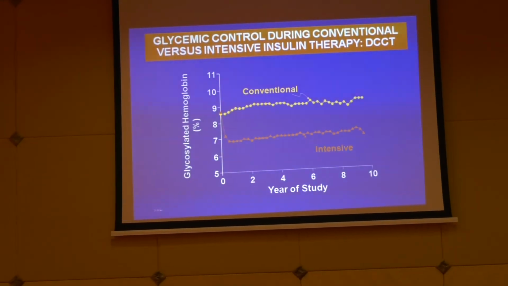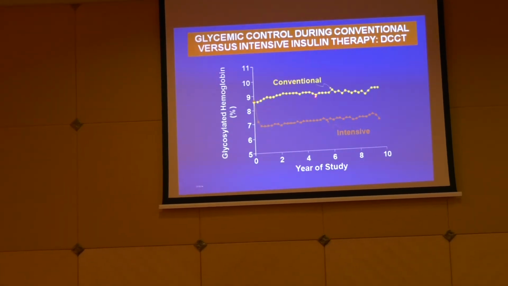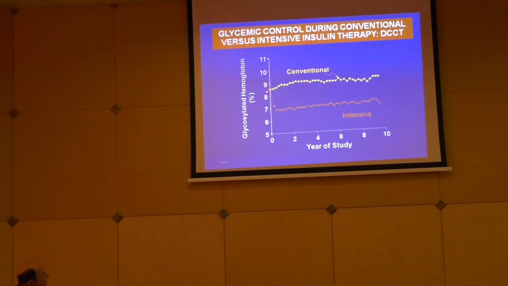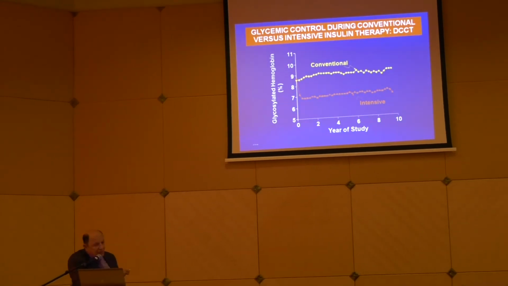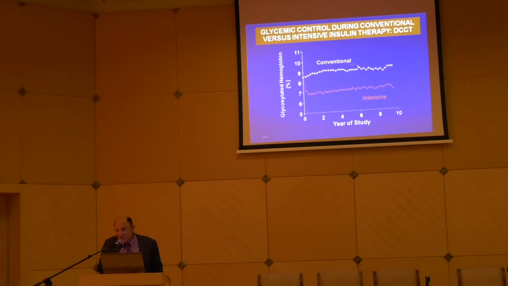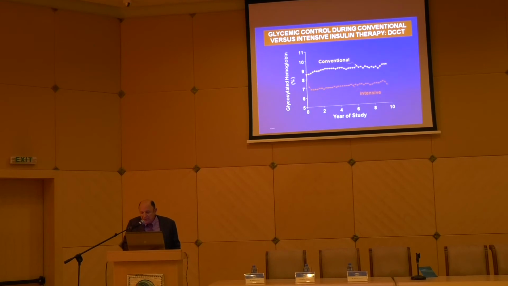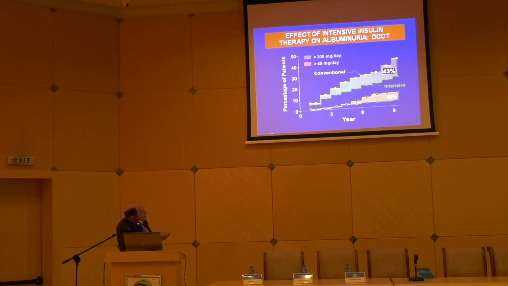So in the diabetes control and complications trial, this is intensive insulin therapy in type 1s. When people got the standard therapy, their A1C didn't change, stayed at 9. With intensive insulin therapy, it dropped to 7. And remember, this is the first study in type 1s that showed that intensified glycemic control decreased the complications. So what happened in this study? Let's say you had no microalbuminuria, and you want to see who developed microalbuminuria.